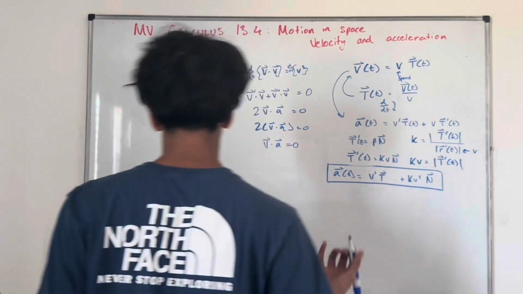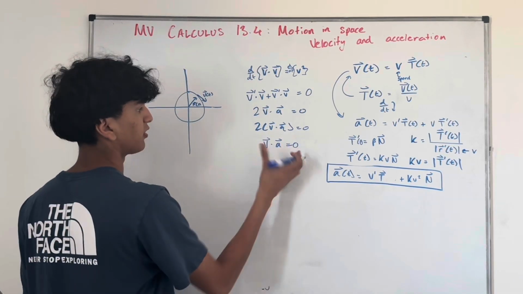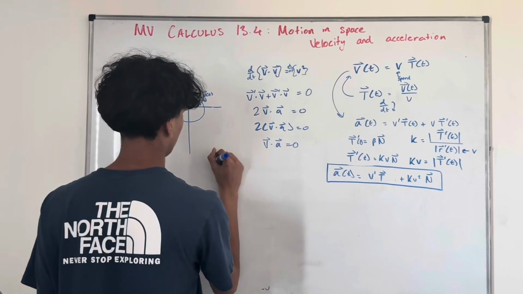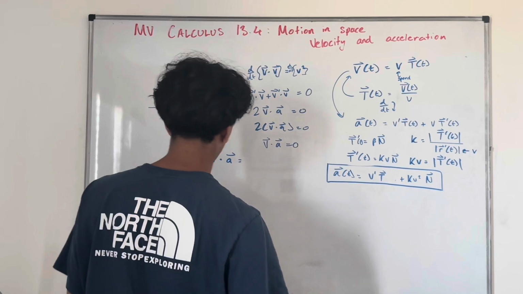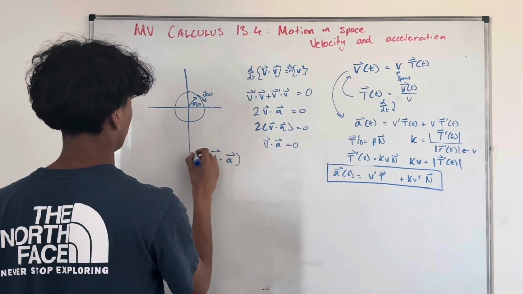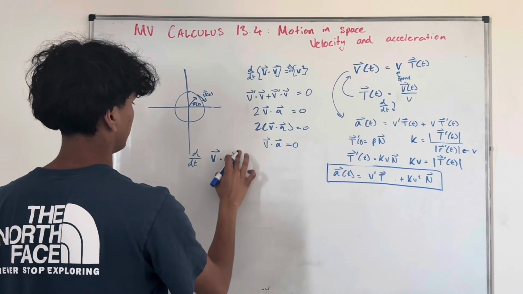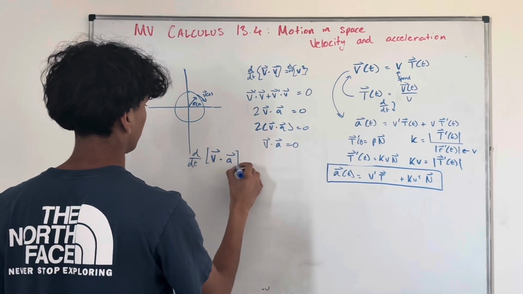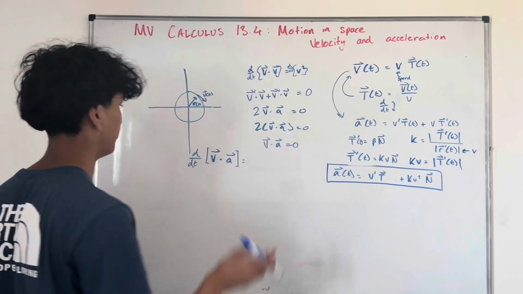So this is kind of a weird way to go about doing this, but start here. We know that if we were to do v dot a, if we were to take its derivative, let me see if I can derive this on the spot.